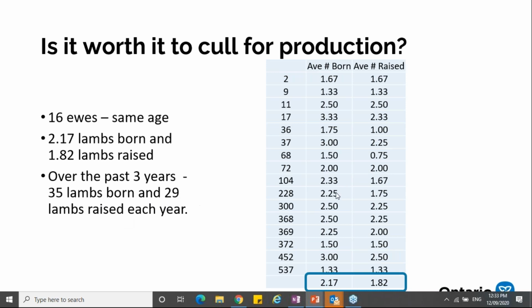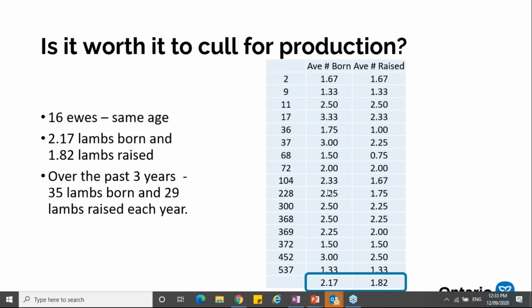And one of the things to note is that when I start looking at this table here, it's not that easy to look at, even with 16 ewes, right? Once you start going down, how bad is bad? This one's pretty obvious. She's only having 1.5 and she's only raising 0.75.